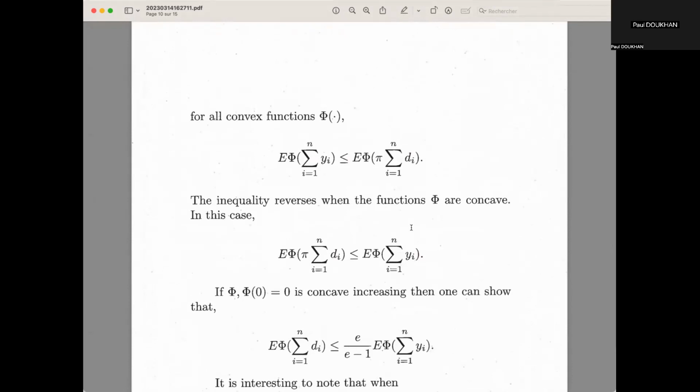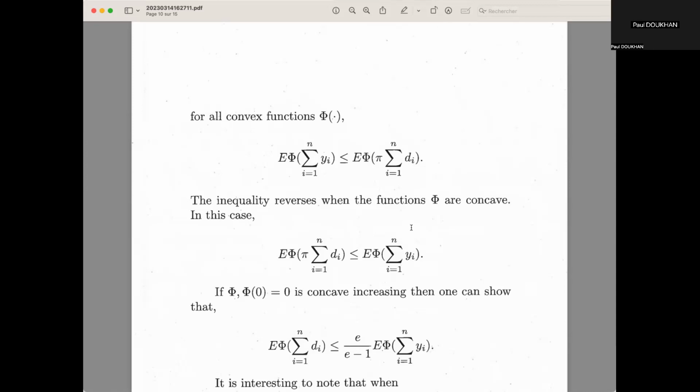In my paper, under the supervision of Michael Klass, I proved this for special functions, but I didn't have the sharp constants. The inequality actually reverses when you have concave functions.